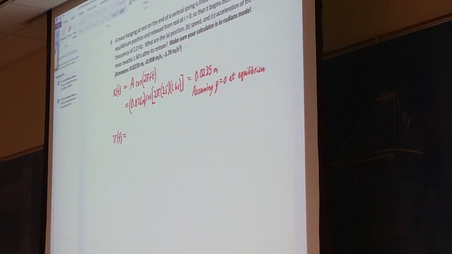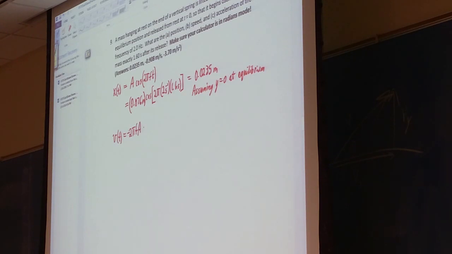Now, the velocity function in terms of frequency is going to be negative 2 pi f A times the sine of 2 pi f t. And that should be little t, not big T. Okay, well, plugging in the same numbers for A and f that we did before, that should give us negative 0.908 meters per second.